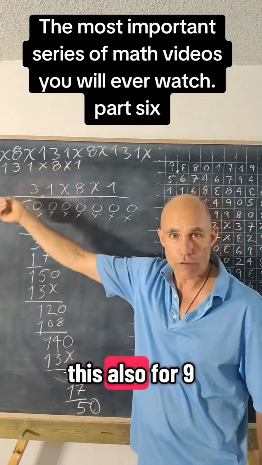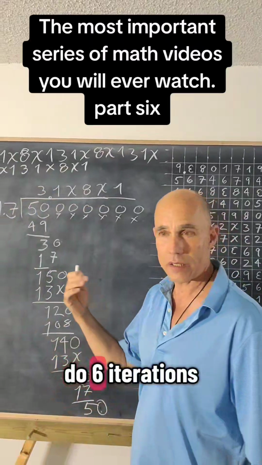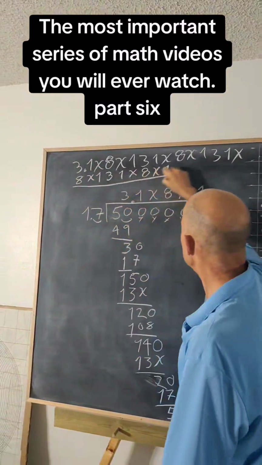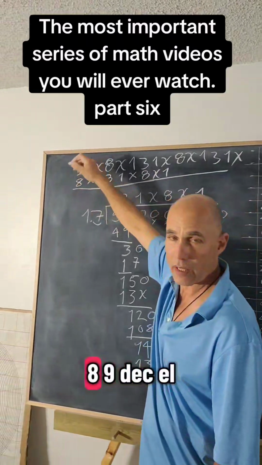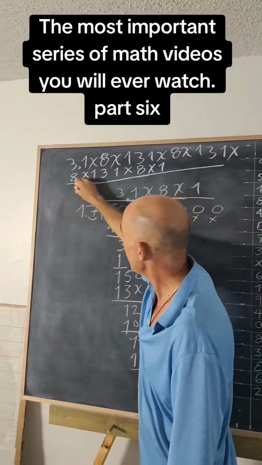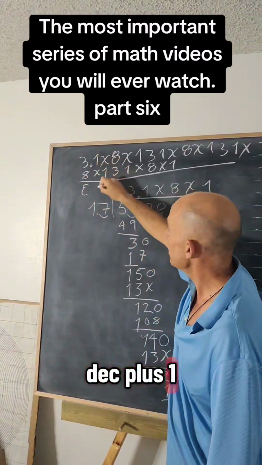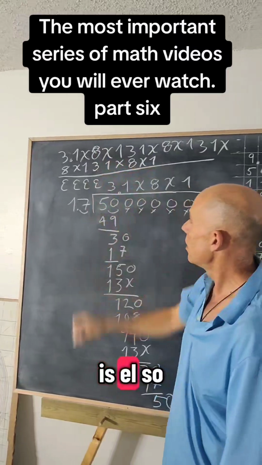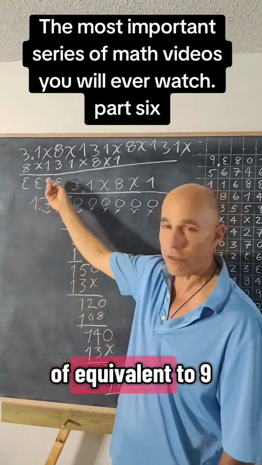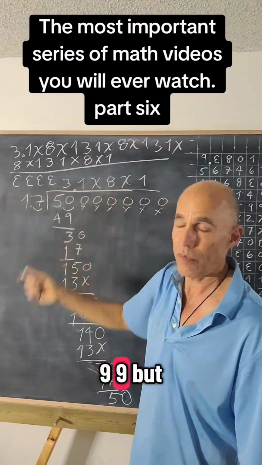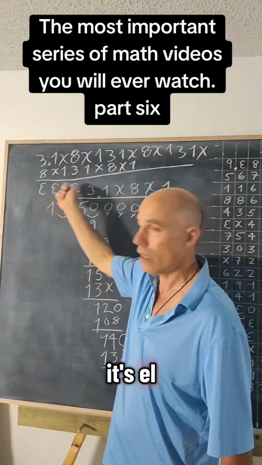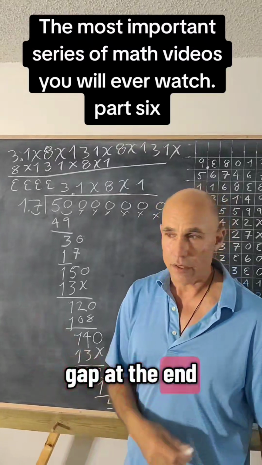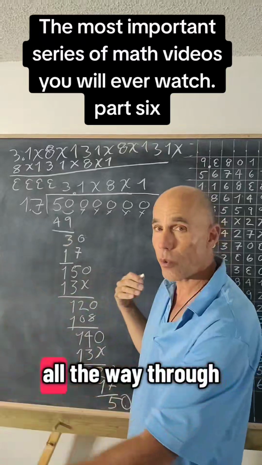Perhaps if we did this also for 9 Do 6 iterations, when you add these together, 8 and 3, 8, 9 dec L. Dec plus 1 is L. 8 and 3 is L. So we get a number that's sort of equivalent to 9999999, but in base 12, it's L, L, L, L, L, L, L, with a little gap at the end, or actually a little gap dispersed all the way through.